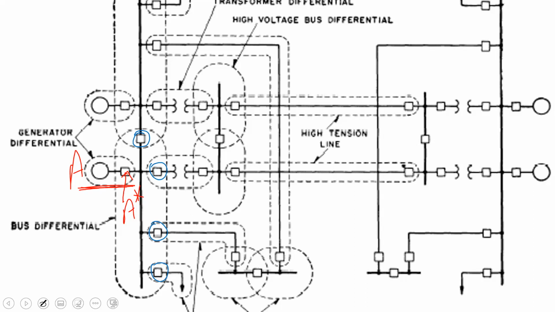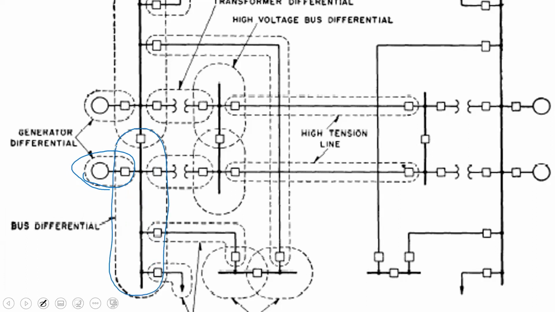Now, how do I know that it has escalated to become a bus fault? If you note the dotted area around the generator, that is the zone. But that zone overlaps with the zone for the bus bar.